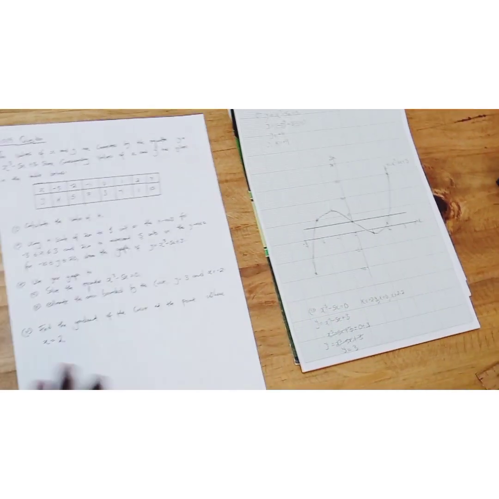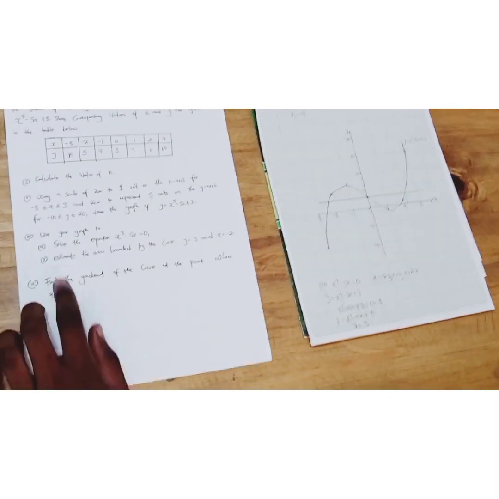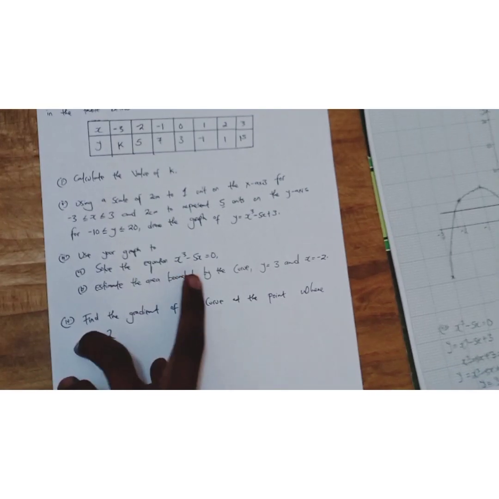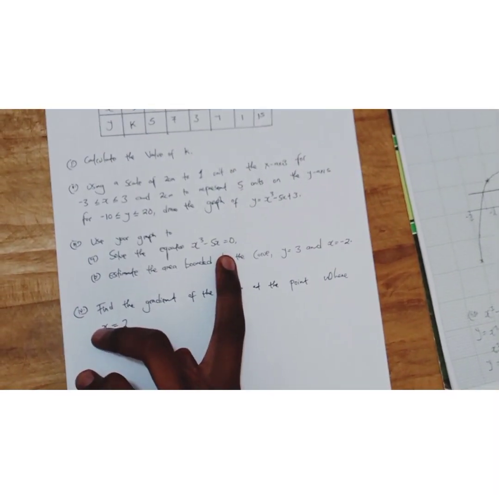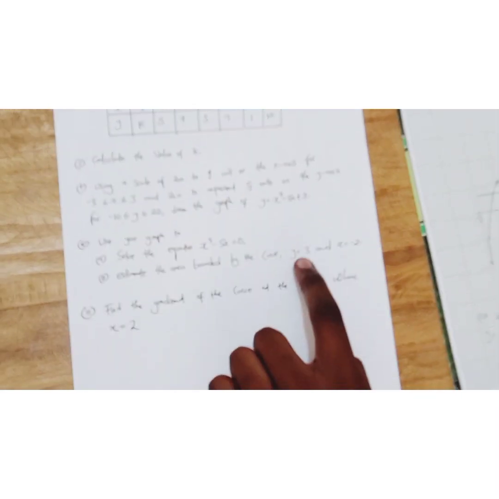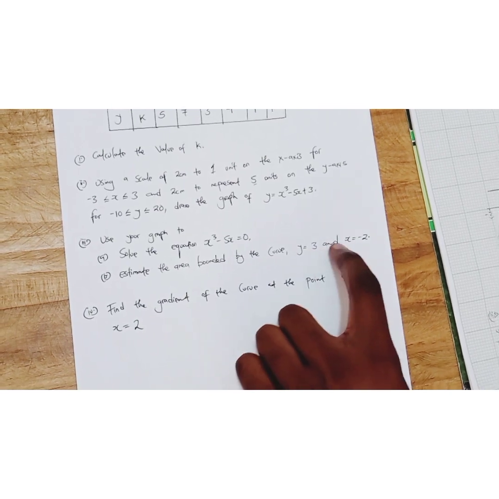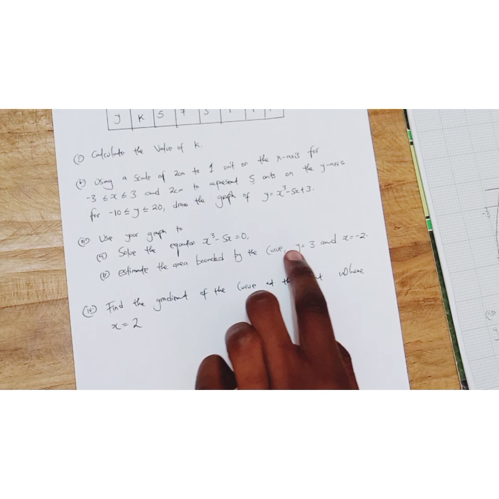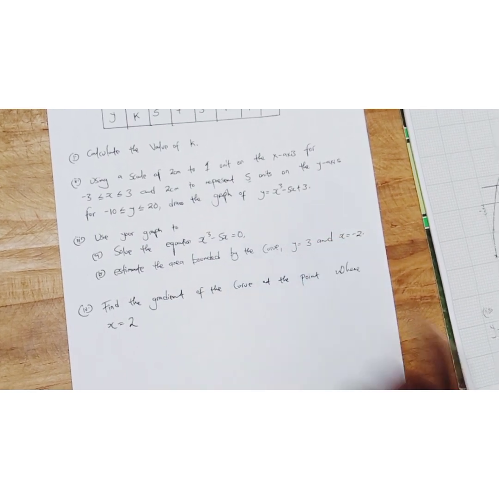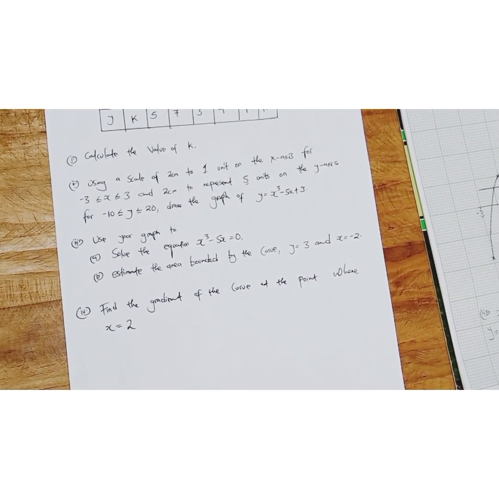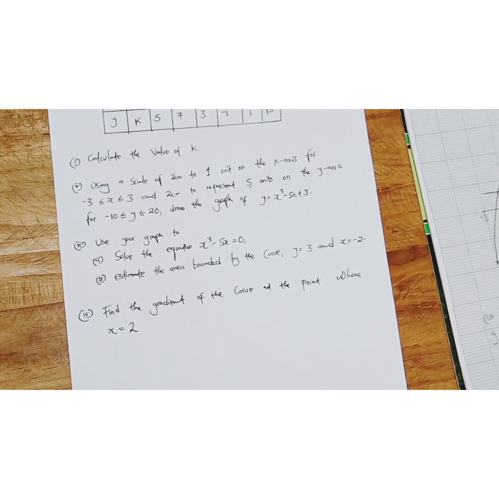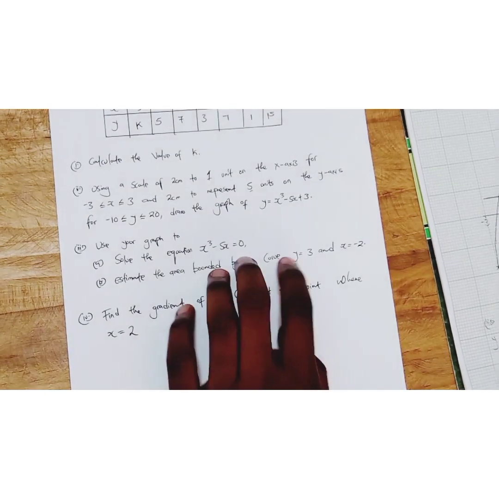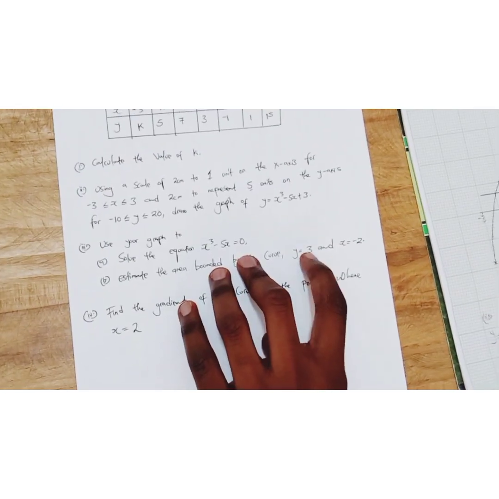Now, we have this. Estimate the area bounded by the curve y is equals to 3. Here is where it gets complicated. Estimate the area bounded by the curve y is equals to 3 and x is equals to -2. So go where there's y is equals to 3.